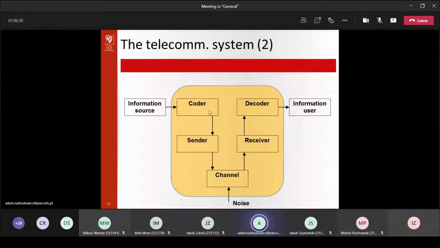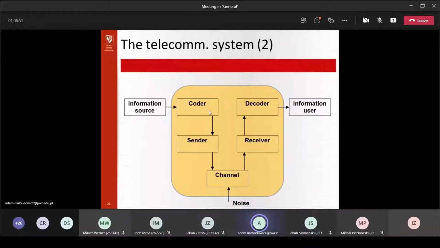Typically in the computer you have a stream of bits, 0 and 1, 0 and 1, 0 and 1. However, it's not the best way of simply transmitting the very same zeros and ones that you get from the computer into the sender, into your telecommunication system, okay?